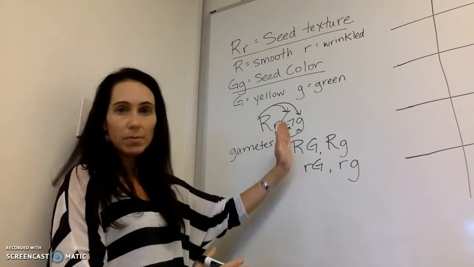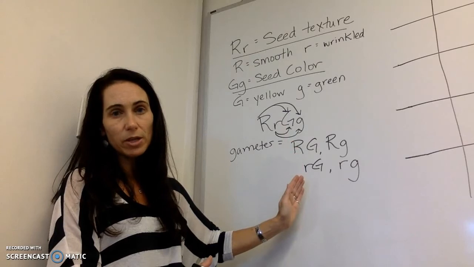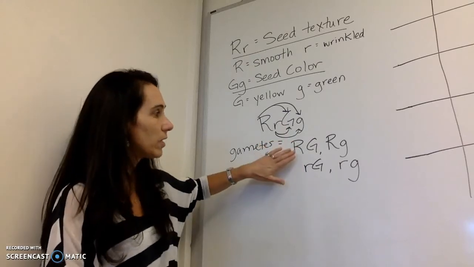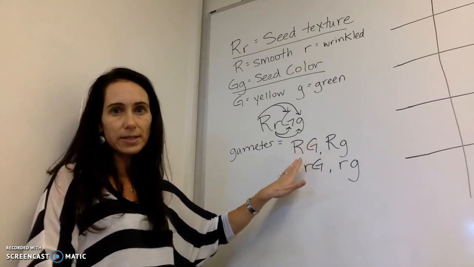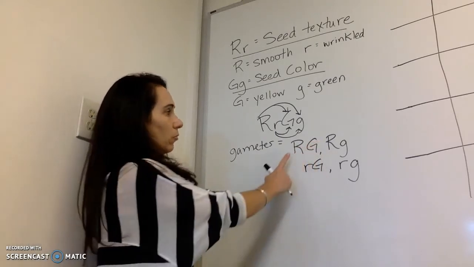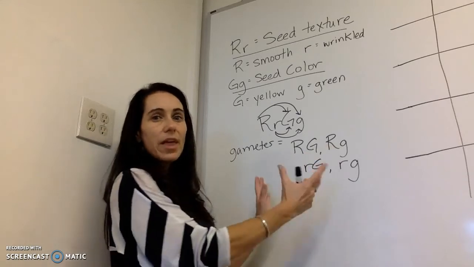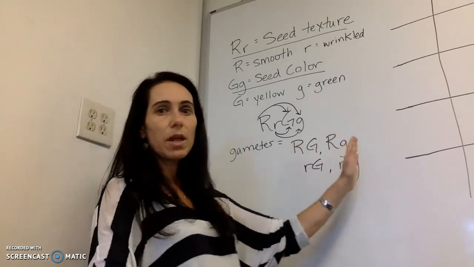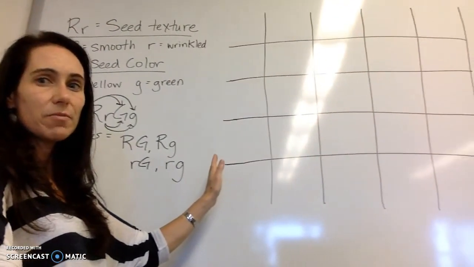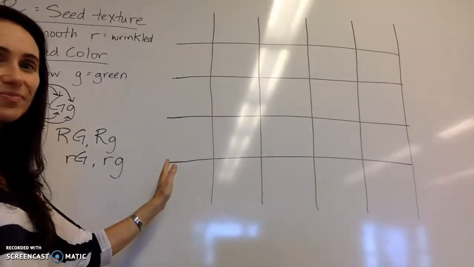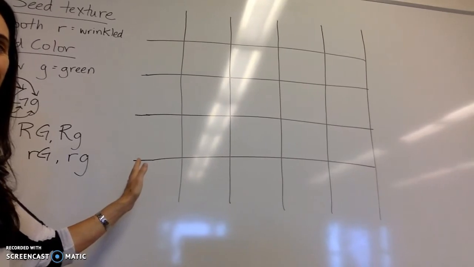Remember, the gametes have to have half of the genetic information from the parents. So there has to be one allele for seed texture, one allele for seed color. So 1, 2, 3, 4, and that's the information that you're going to use to plug into the Punnett square, which has now gotten much larger. As you can see, I'm rotating this over here.